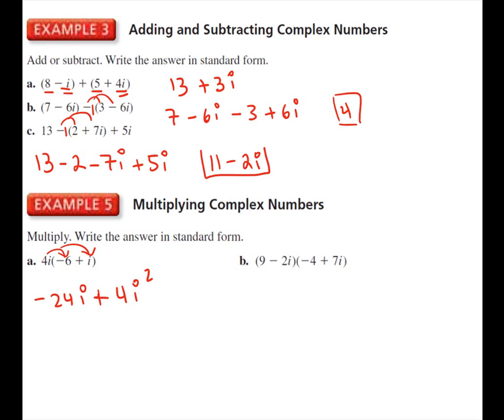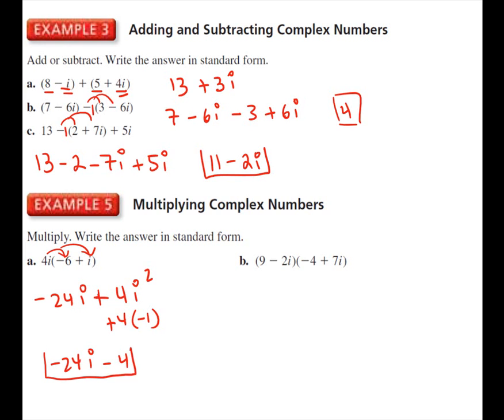Remember earlier we said that i squared is equal to negative 1. So we have negative 24i, and then this positive 4 times negative 1 makes negative 4. And then this will be your final answer. It's okay to have i in your final answer, but you cannot leave it with an i squared.